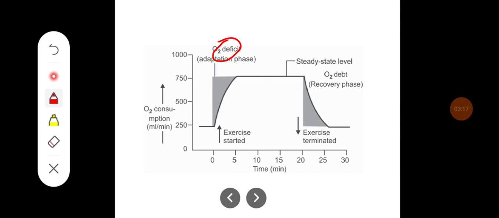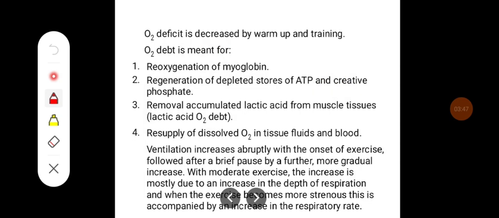But when a person suddenly stops exercising, the cardiorespiratory adjustment will not come readily back to normal, and they still utilize oxygen, and this is called the oxygen debt. That is, the oxygen deficit which is created in the initial stage of exercise will be recovered after the exercise. Oxygen deficit is decreased by warm-up and training.